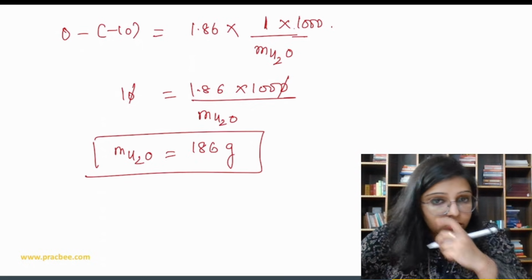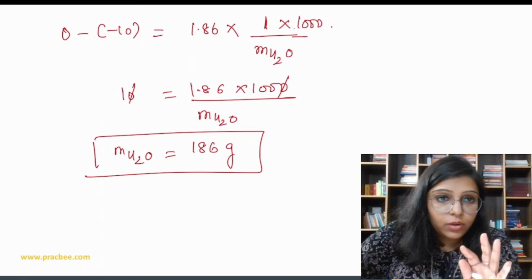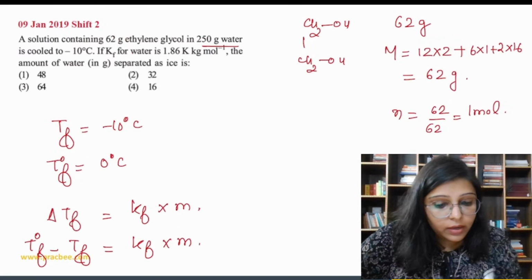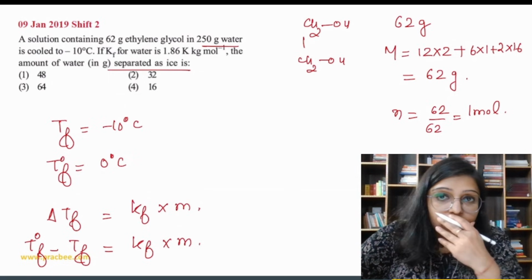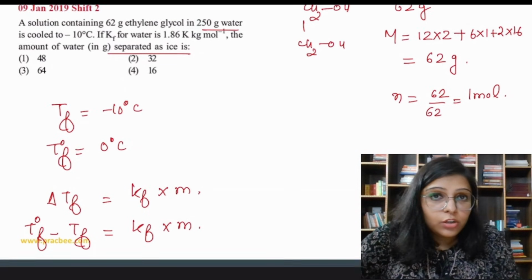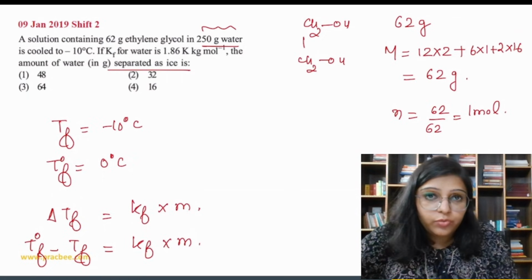So it means the rest of the water is converted or separated as ice. The question says the amount of water separated as ice. So total amount of water is 250.